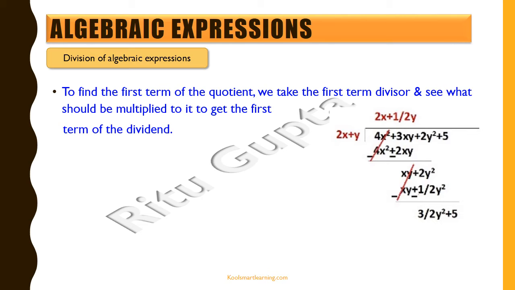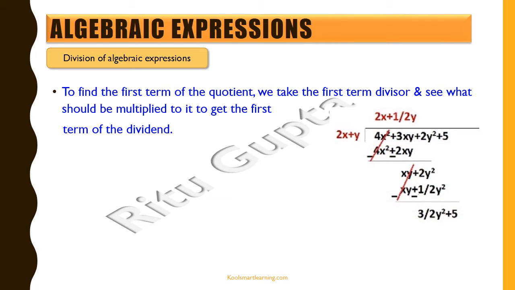To find the first term of the quotient, we take the first term of the divisor and see what should be multiplied to it to get the first term of the dividend. So in this case, the first term of the divisor is 2x and the first term of the dividend is 4x square. So we first see what is to be multiplied with 2x so that we get 4x square, and that clearly is 2x.